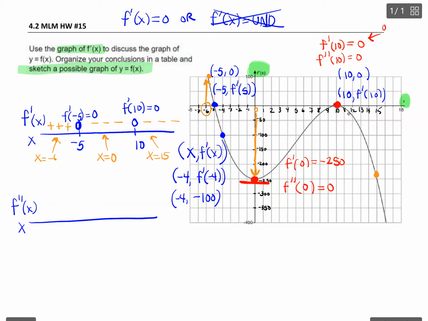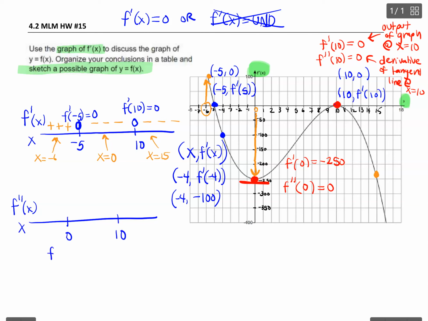So this is telling me the output of the graph of the function at x equals 10. And this one's telling me the derivative of the tangent line at x equals 10. Okay, there we go. So those are going to be my partition numbers. So I need a partition number at 0, and I need a partition number at 10.